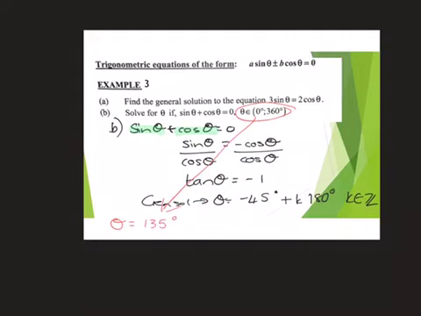Does that sit between 0 and 360? Yes, it does. Then I'm going to add another 180. And I get 315. Does 315 sit between 0 and 360? Yes, it does. Now, logically, if I add another 180, it's going to get beyond 360. It's going to be 495. It won't work.